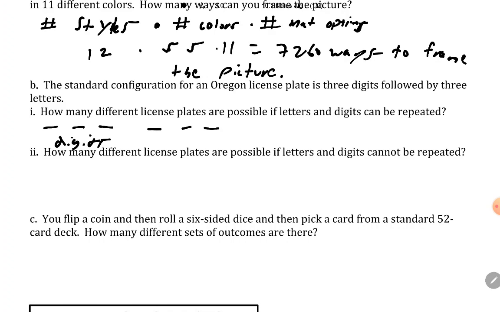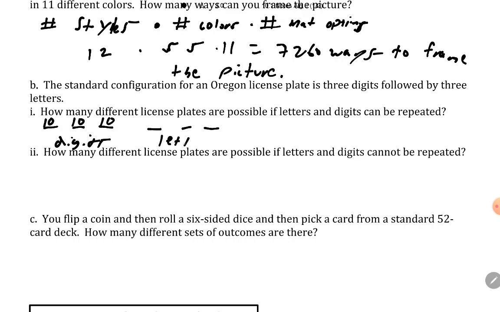For numbers, we have 0, 1, 2, 3, 4, 5, 6, 7, 8, 9. So that is 10 possible ways for the first digit, 10 possible ways for the second digit, and 10 possible ways for the third digit.